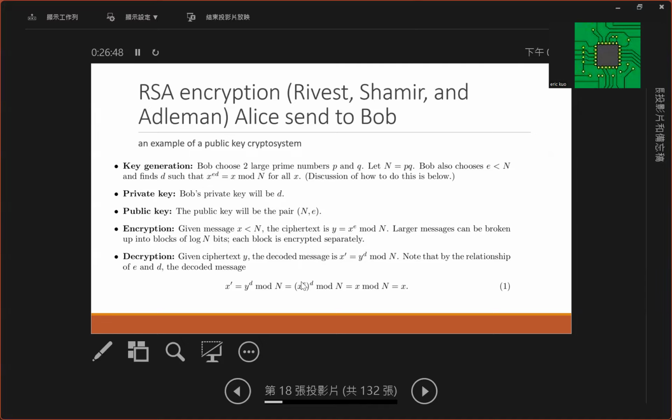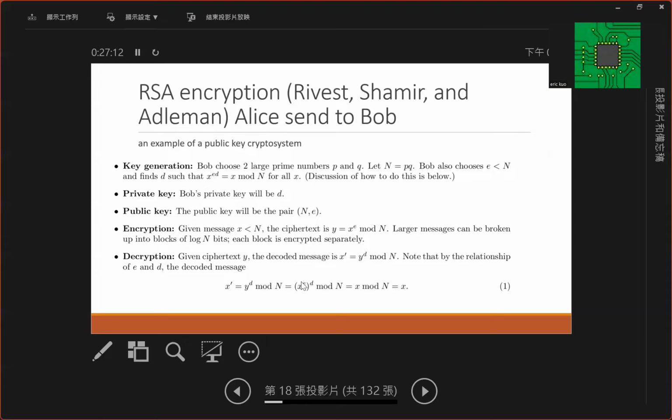Now Bob chooses a number called e, which is less than n, and finds d such that x to the power ed is x mod n. One question is why such a d exists. I will explain later, but let's suppose d is this.